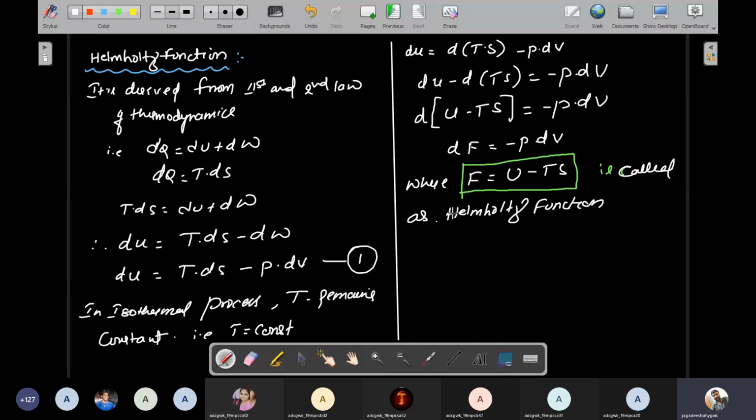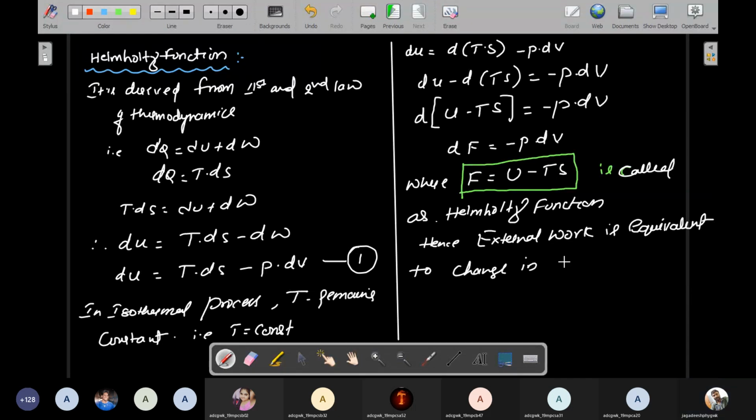Hence the external work is equivalent to the change in the Helmholtz function.